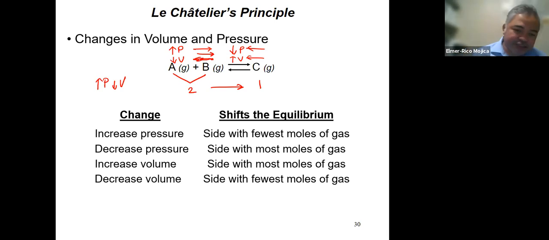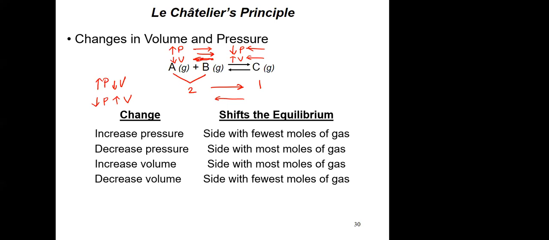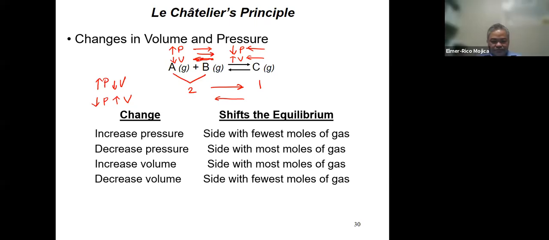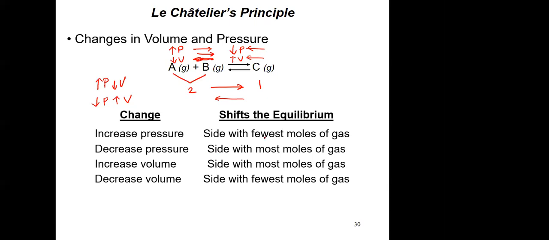Now, if you do it the other way, you decrease the pressure, which results in increased volume. So the one that is favored is the one that has more moles, which is the reactant side. Sorry, for the first one, is the forward reaction less favored, right? Yeah, because the side with the fewest moles is 1, fewer than 2.